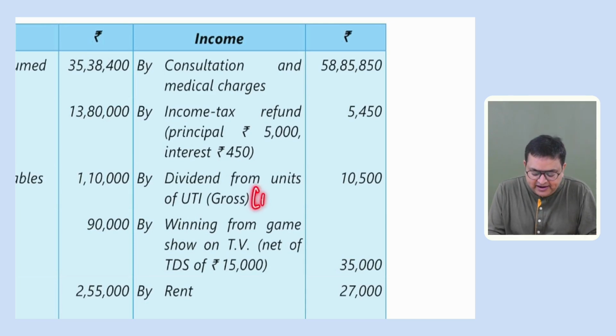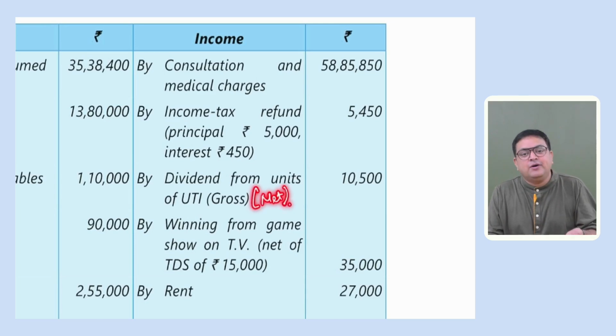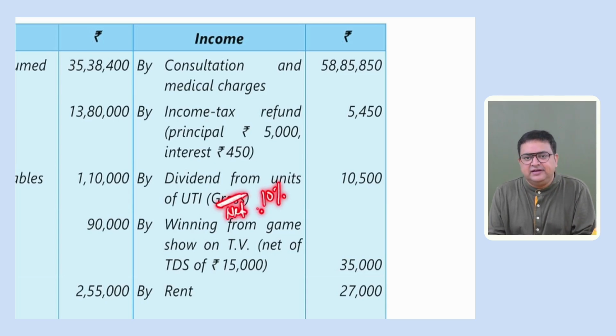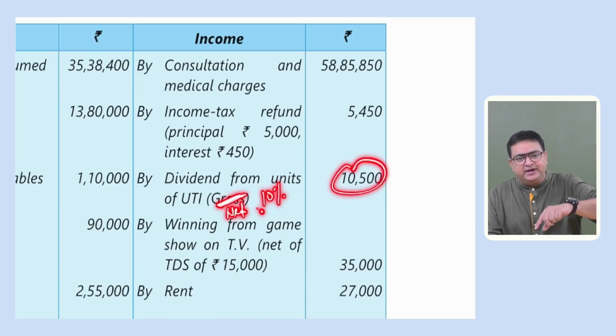If this would have been net, then first we have to compute the gross amount, right? This is simple mathematics. Let's say on dividend, we know that 10% TDS should be deducted, right? So if this was written as net amount and 10% TDS had been deducted, this amount would be equal to 90%. So you have to do mathematics while computing your IFOS income. You have to take it at the gross level.